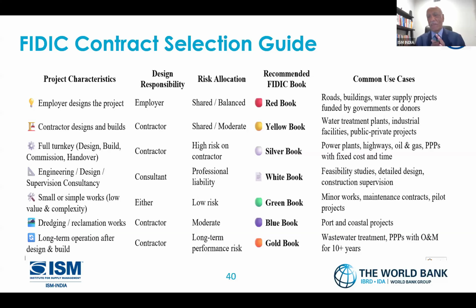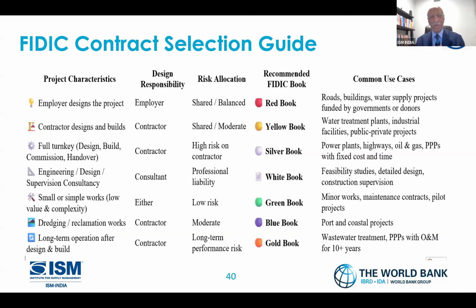If I'm doing engineering things, detailed design work, then I need professionals. Somebody will come and design the whole structure. I want to make a smart city. I want somebody to make a good design for us first. So the design part, I can have a professional company with a white book. Green book means for maintenance purposes, minor works, pilot projects.